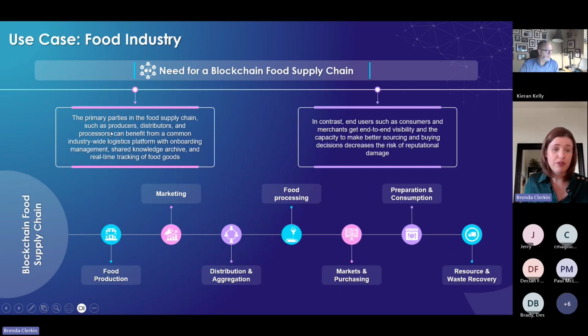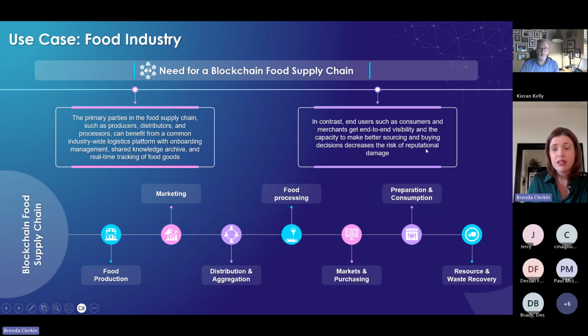Starting right from the very beginning, we have producers, distributors, and processors all getting the benefit of having the transparency and openness to understand the journey their food has come on in terms of being sourced, processed, and moved along the supply chain. And then equally on the other side, from a consumer perspective.